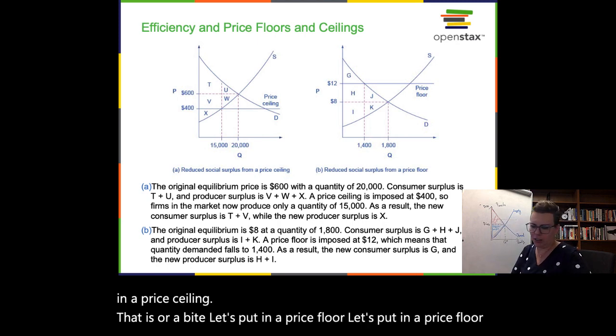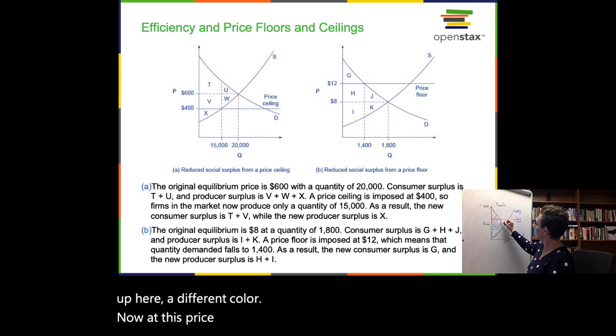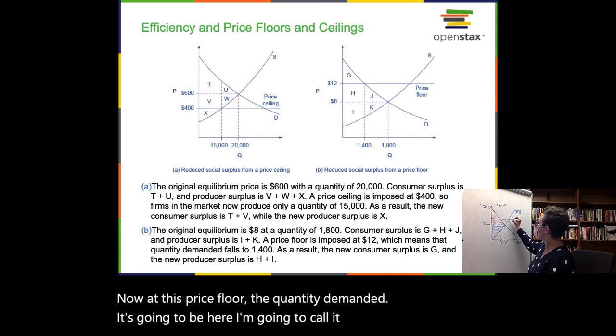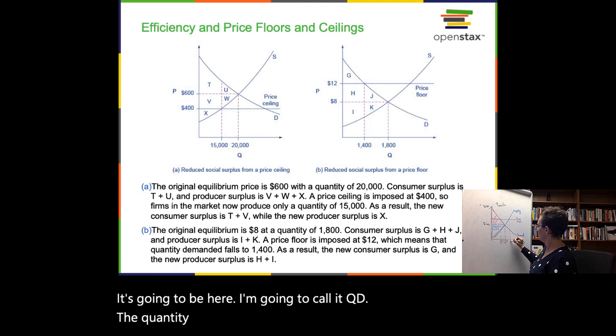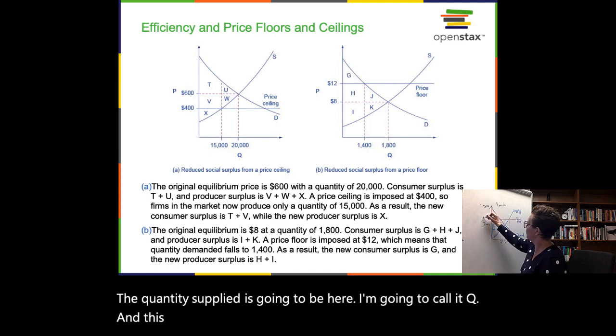I need a different color. Here we go. Now, at this price floor, the quantity demanded is going to be here. I'm going to call it QD. The quantity supplied is going to be here. I'm going to call it QS. And this is going to be the new price.